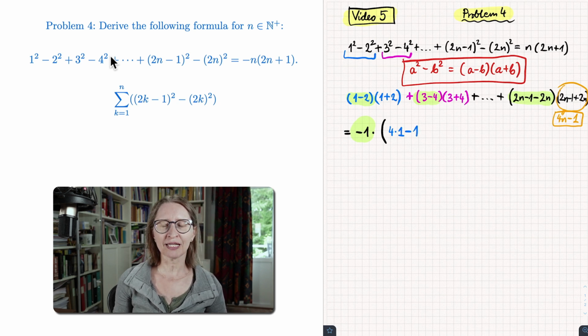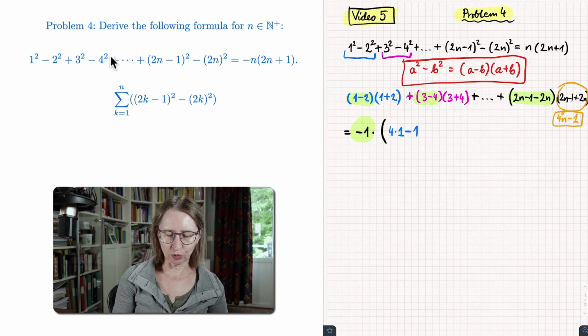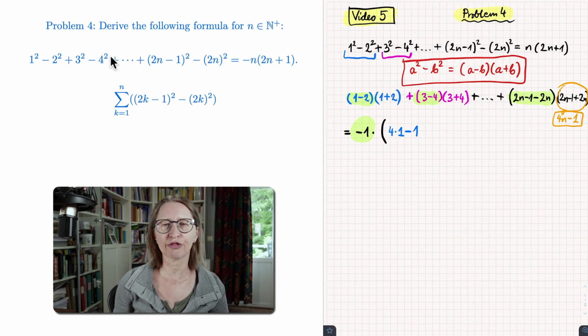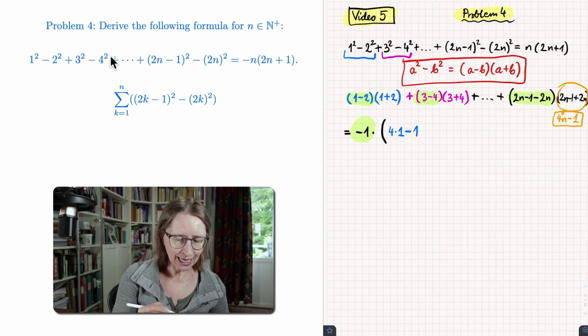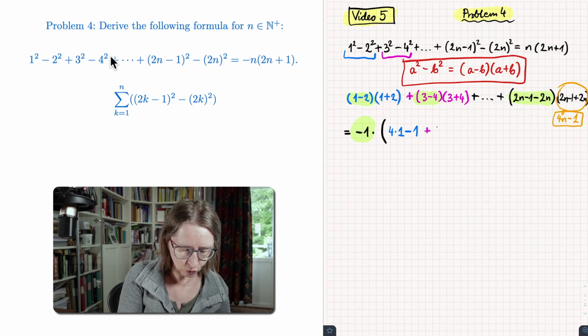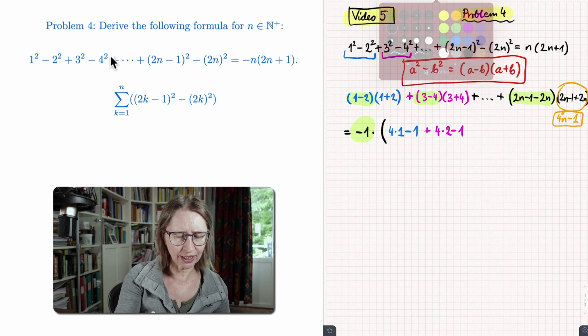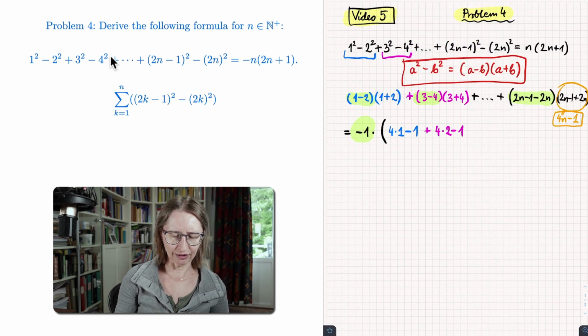So you see, I use this expression which I got here from the last parenthesis, 4n minus 1, and I apply it for the first term, to 3. 3 is equal to 4 times 1 minus 1. Then I do the same with 3 plus 4, which is 7, and 7 is equal to 4 times 2 minus 1.